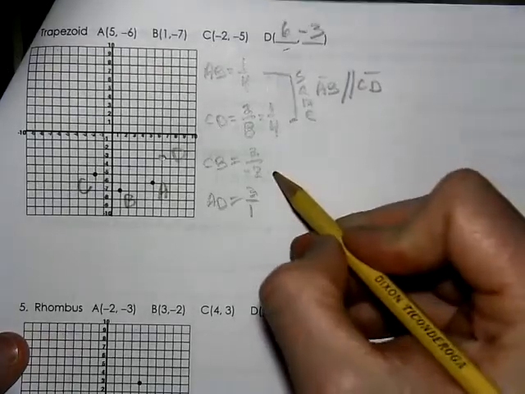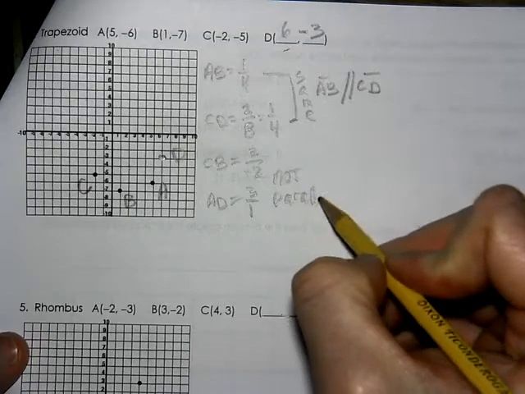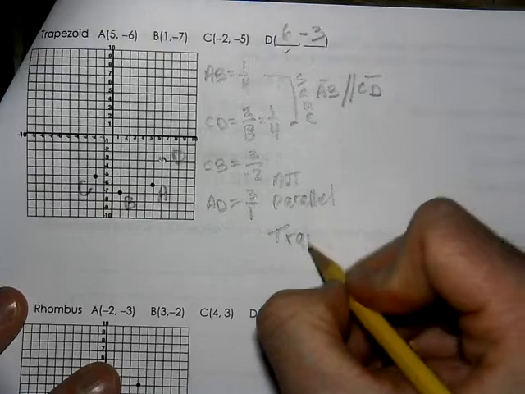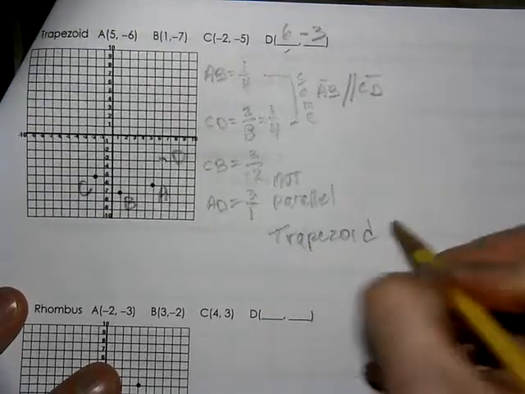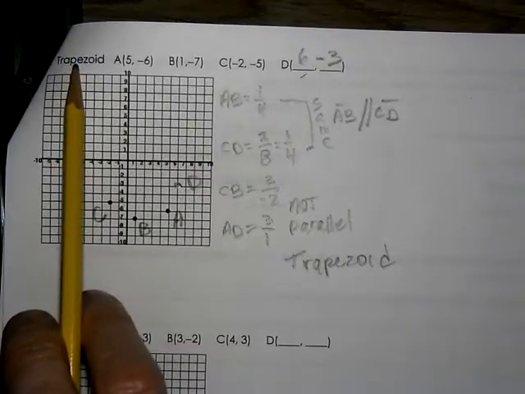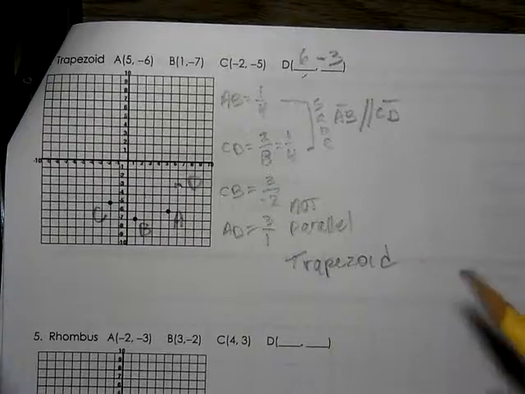These are not the same. Not parallel. So therefore I have a trapezoid. I needed to show that this was a trapezoid. So I showed one pair of parallel sides.